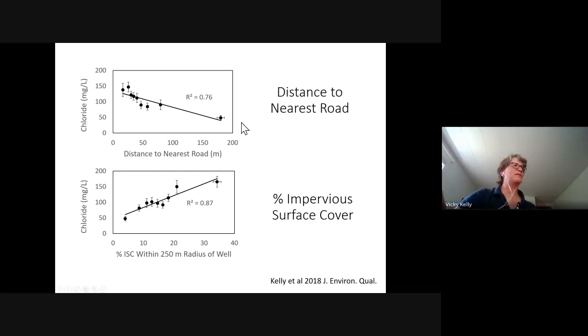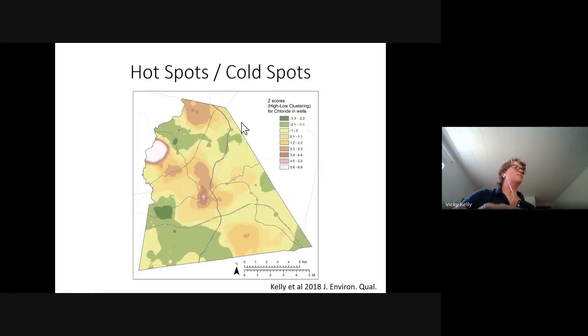So this isn't surprising. We did what's called a hot spot, cold spot analysis, where we looked for clustering of high concentrations and clustering of low concentrations.